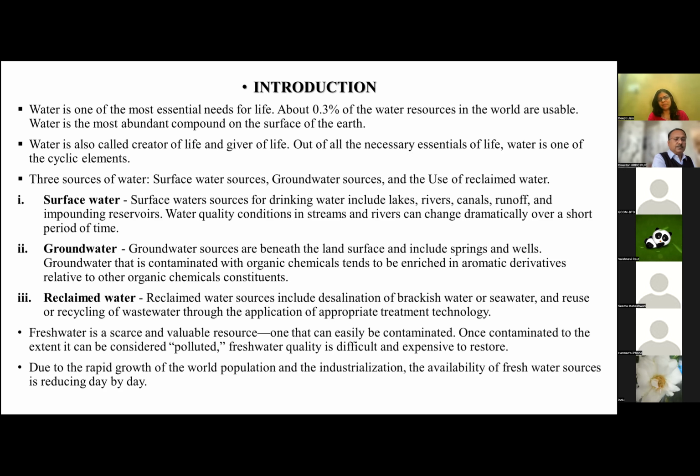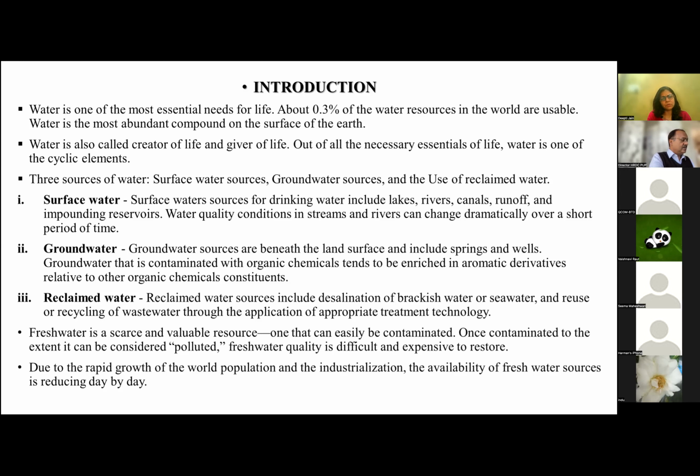Groundwater sources are beneath the land surface and include springs and wells. Groundwater that is contaminated with organic chemicals tends to be enriched in aromatic derivatives relative to other organic chemical constituents. It is of major concern nowadays because we are using a lot of fertilizers and chemicals in our agriculture and in our daily life, like pesticides, which we are using in very high percentage.